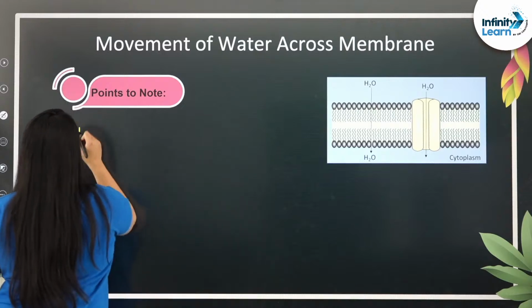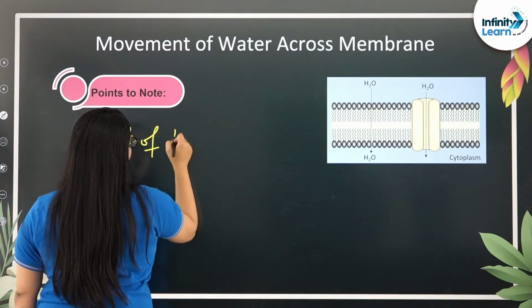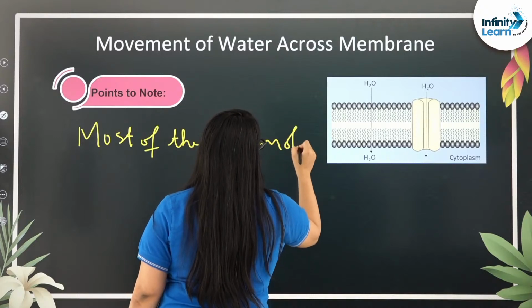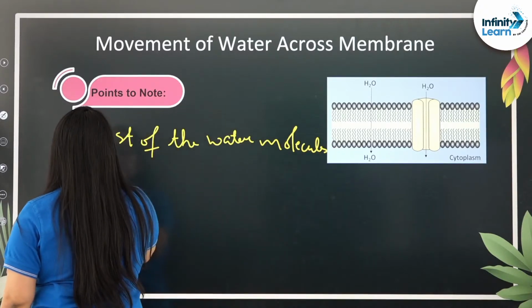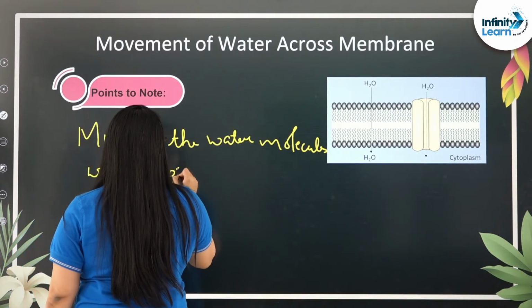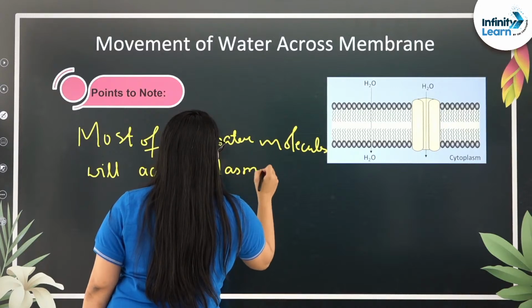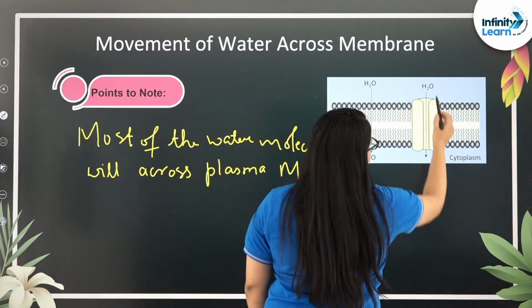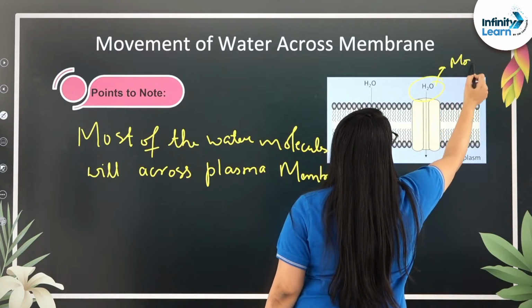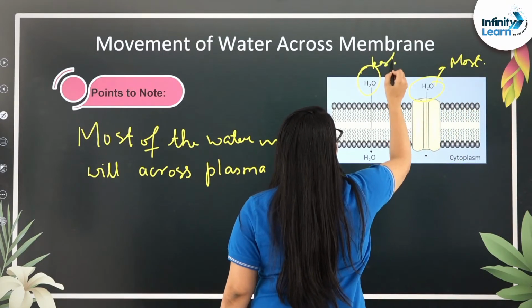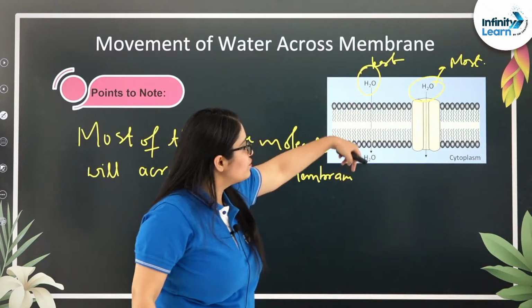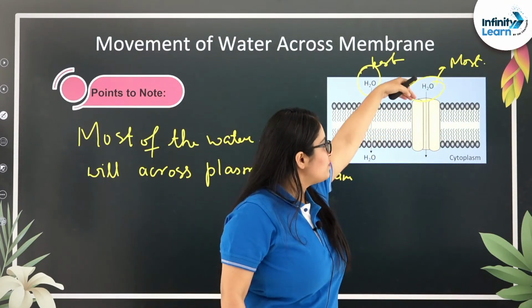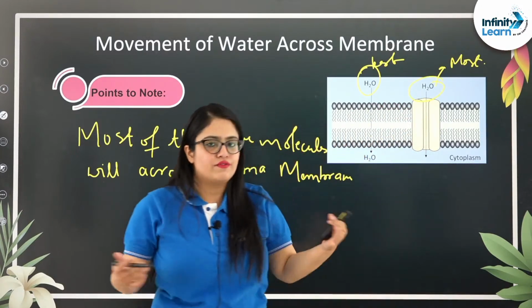So the point is, most of the water molecules will cross the plasma membrane with the help of facilitated diffusion. The movement of water by simple diffusion through the plasma membrane is the least, while the amount passing with the help of facilitated diffusion is the most.